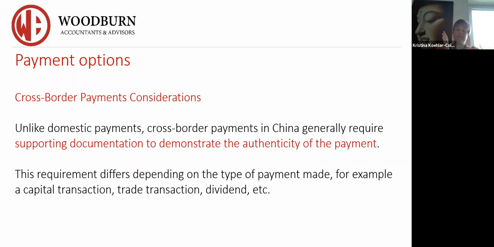The bank will inform them what documents need to be submitted, and usually it's 2 copies of a service agreement, 2 copies of an invoice, every page with a company CHOP placed on it. We are able to courier those documents now, especially for service-oriented transactions, and within 2 to 3 working days, they'll release the funds into your account.